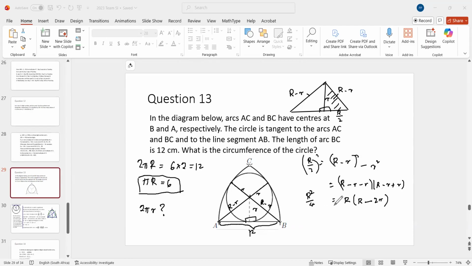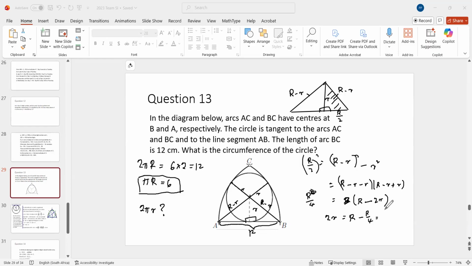So you can cancel one of the r's there, and you get 2r can be made into the subject. We're looking for small 2r. 2r is capital R minus R over 4.